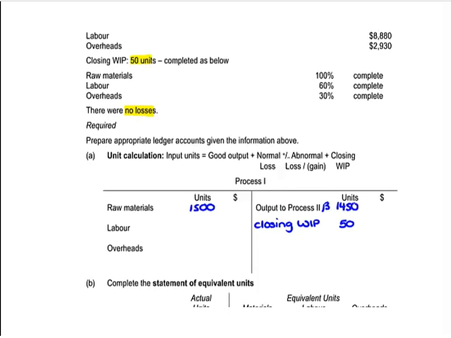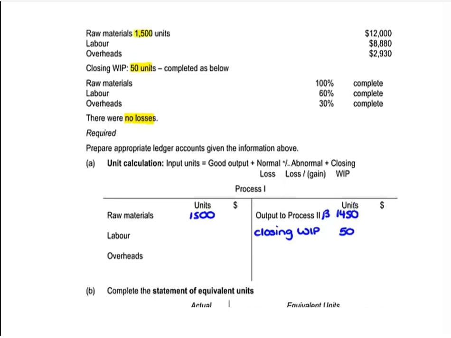In terms then of our valuation, those raw materials were worth $12,000, the labour costs were $8,880, and the overheads $2,930. The total inputs to the process then $23,810. That's just the total there.